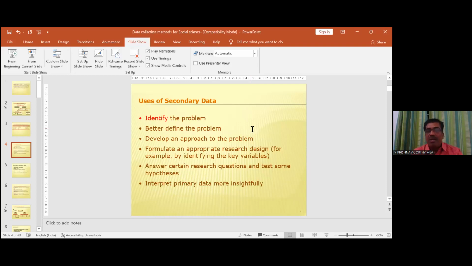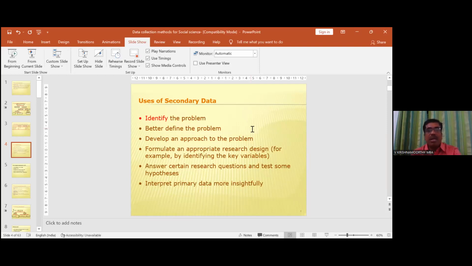Normally, we have seen two types of research approach followed by researchers. One is an inductive approach, another one is a deductive approach. Once you have sufficient data, you can develop either an inductive or deductive approach, depending upon the problem.